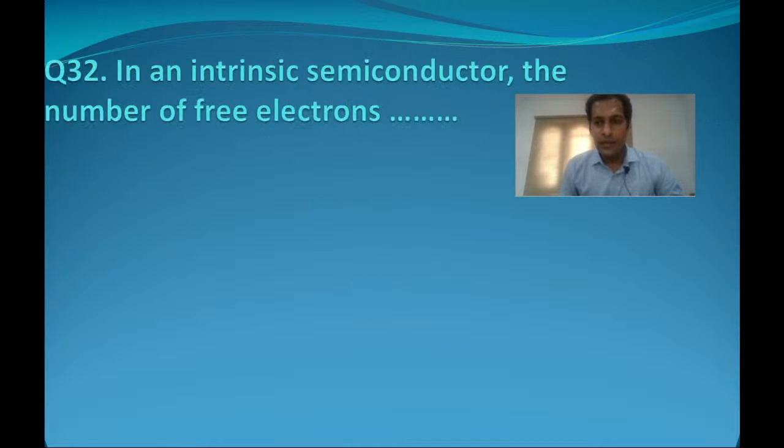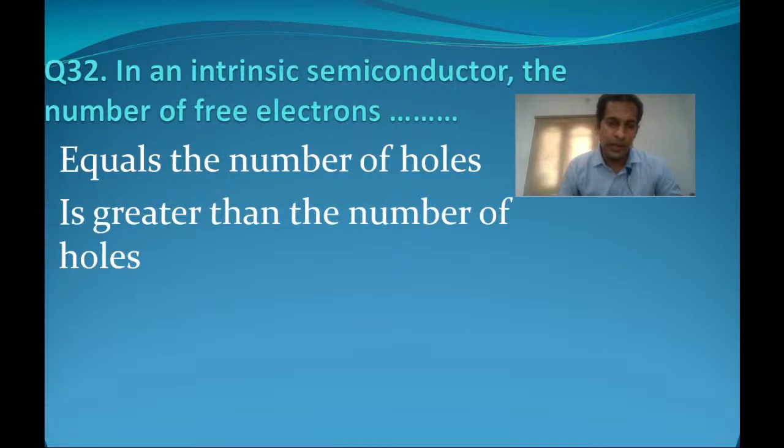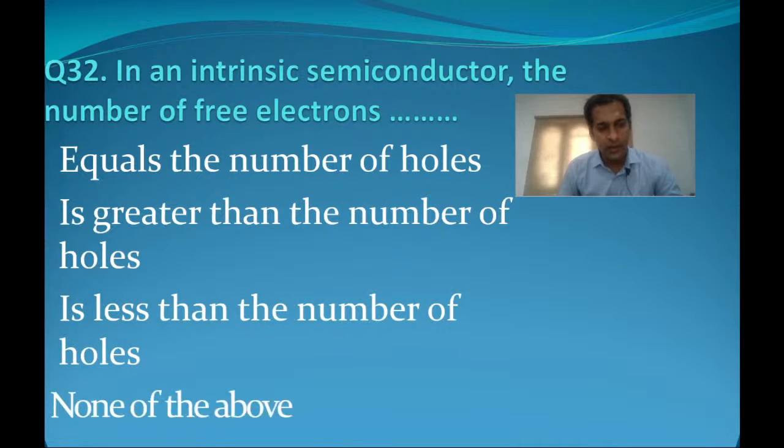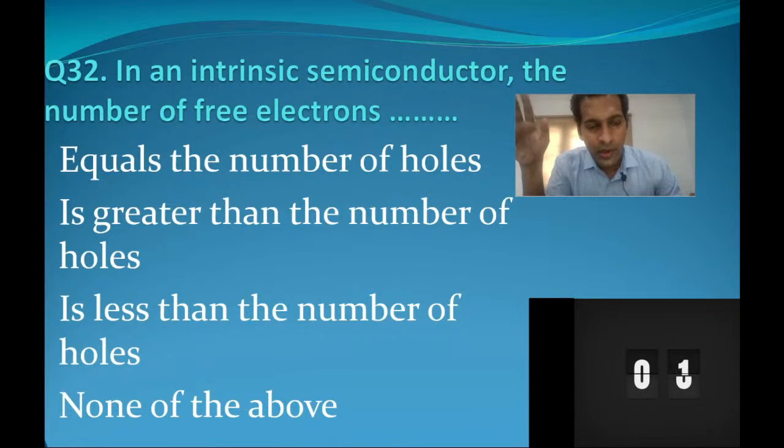In an intrinsic semiconductor, the number of free electrons is equal to the number of holes, greater than the number of holes, less than the number of holes, or none. Your time starts now. It is about intrinsic semiconductor. As a hint, an intrinsic semiconductor is a pure semiconductor. When we add p-type or n-type material, only then do they become positive or negative, and only then will there be more electrons or holes.